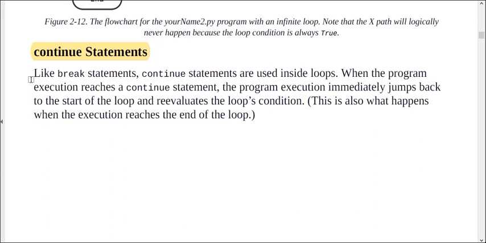So I will repeat it. The break statement is used to get out of a while loop's clause, and the continue statement is used to jump to the beginning of the while loop.